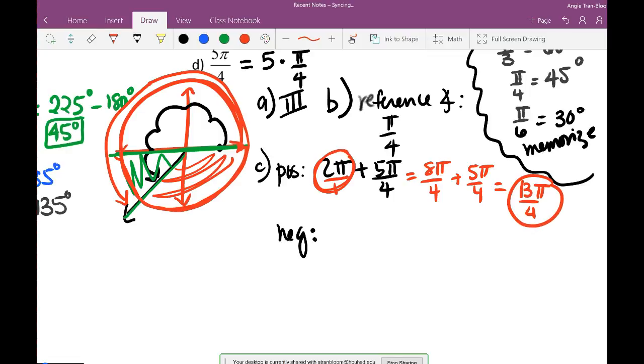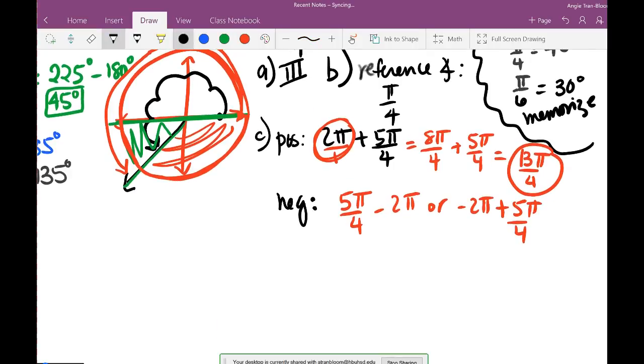How about help me out with negative? What do you want me to write? Subtract what? We can take 5 pi over 4 minus 2 pi. Or can I write negative 2 pi plus 5 pi over 4? Would those be equivalent? Again, the common denominator would be 4, so negative 8 pi over 4 plus 5 pi over 4, class, is negative 3 pi over 4.